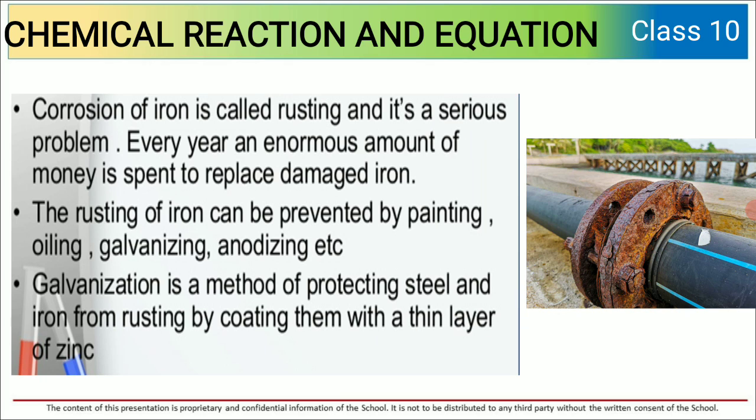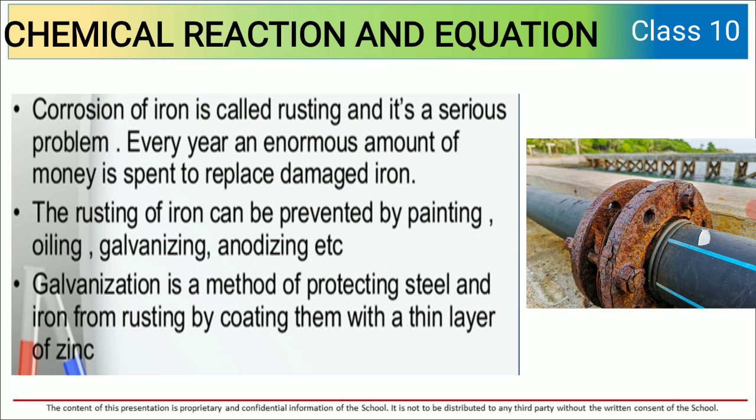Corrosion of iron is called rusting and it's a serious problem. So as we all know, children, that iron is used almost everywhere and corrosion of iron is called rusting. Every year, an enormous amount of money is spent to replace damaged iron.